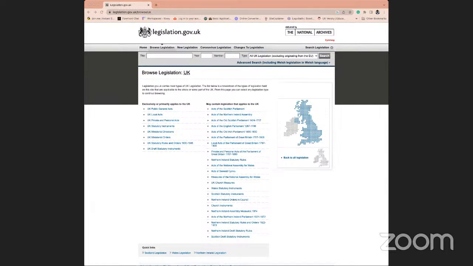Now, this act has 9 different characteristics, and these traits allow us to understand whether the individual is being treated fairly or equally or not. These 9 parameters include age, disability, gender reassignment, marriage and civil partnership, pregnancy and maternity, race, religion or belief, sex, or your sexual orientation.